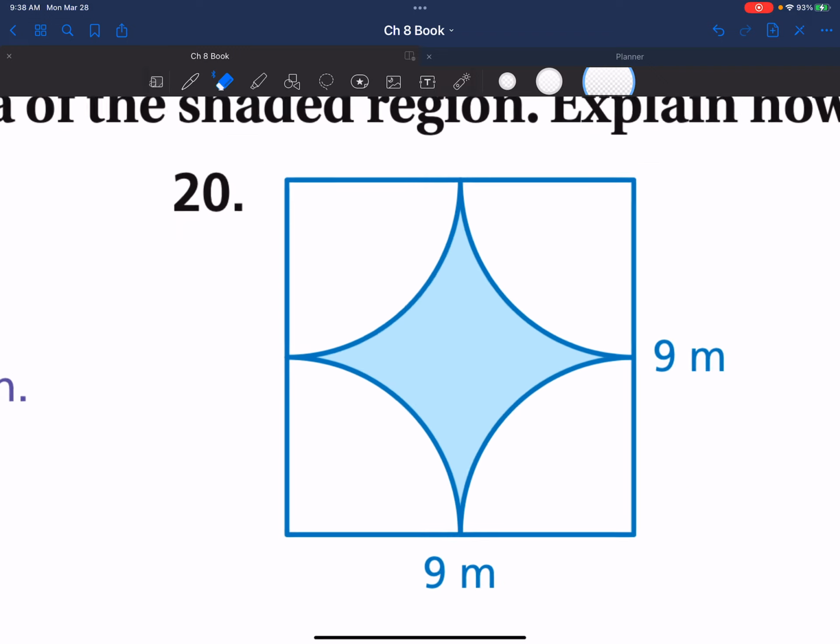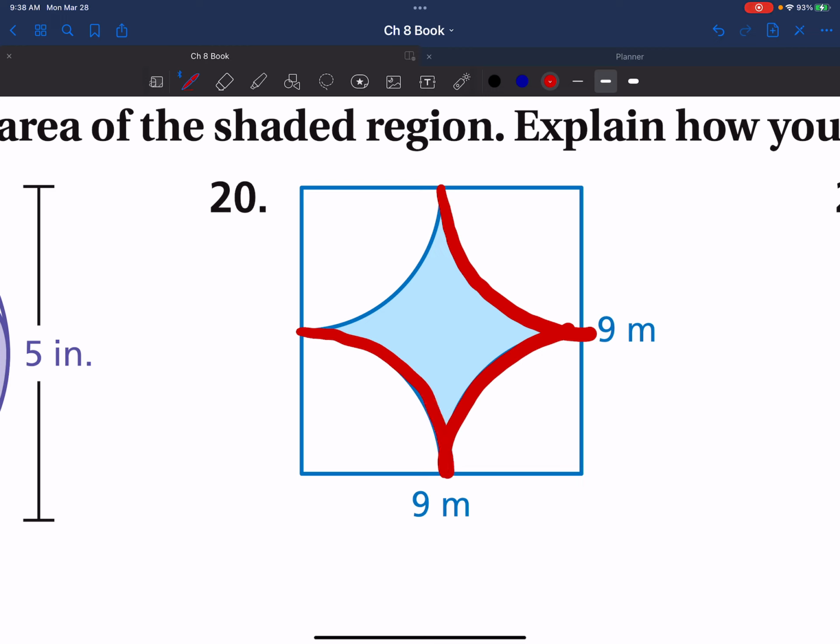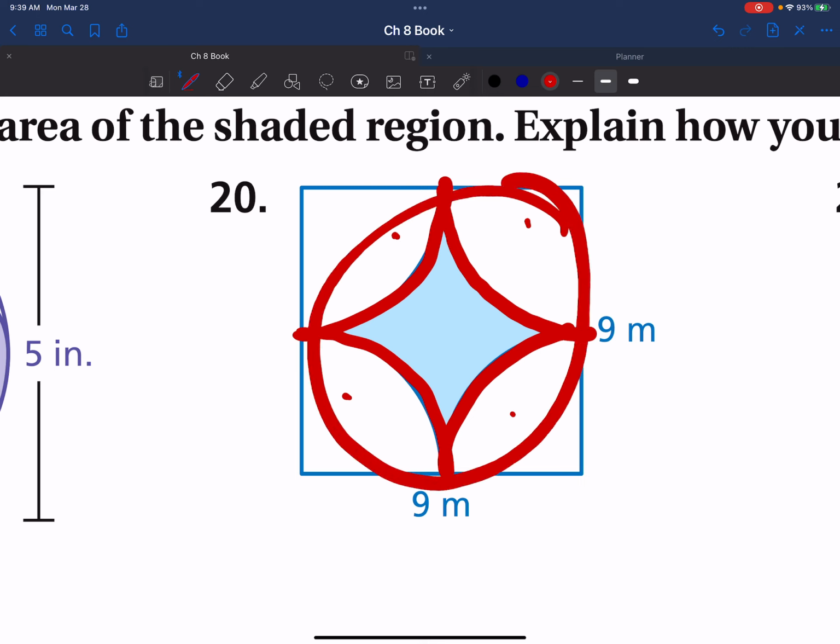Number 20, what I need you to really see here, because some people are going to be like, I don't see the circle, Mrs. Ringler. There's no circle here. But if I connected that swoop with that swoop, like if I turned them and then connected that swoop with that swoop, do you see how that would be 4 pieces that would make one big circle?